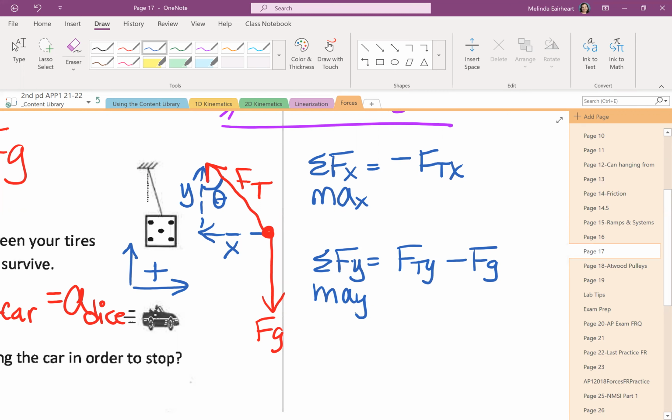Which one? Mass. Well, not mass. Which acceleration zeroes out? The vertical. We're not moving at all vertically. The car and the dice is moving in the horizontal. So this acceleration zeroes out, telling us what's true about FTY and FG.